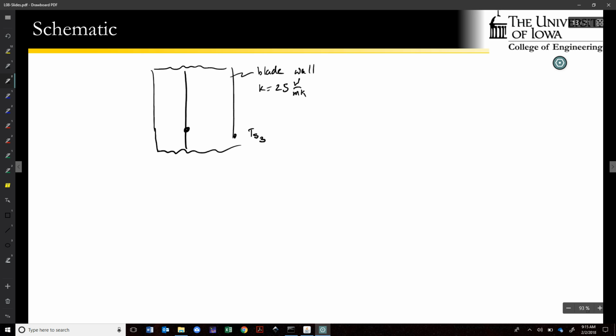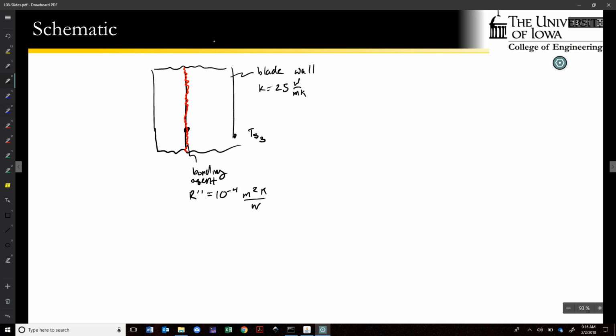At the boundary, we've got this bonding agent with a flux resistance given to be 10 to the negative fourth meters squared Kelvin per watt.